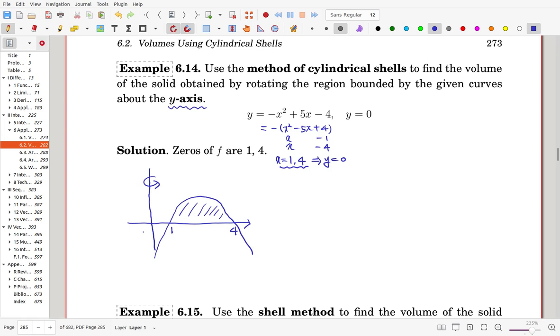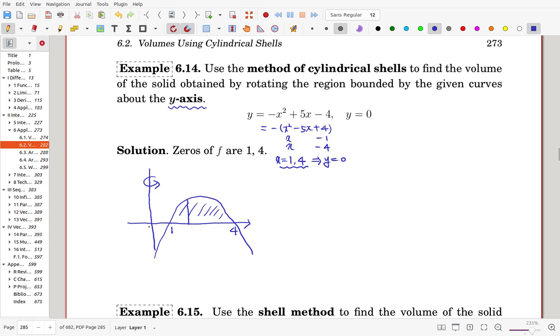Now we'll use the shell method. Once it is rotated, a shell is formed when a vertical line segment is rotated. That means we have to integrate from 1 to 4 in the x direction, and the shell area must be computed. Okay, we can compute it.